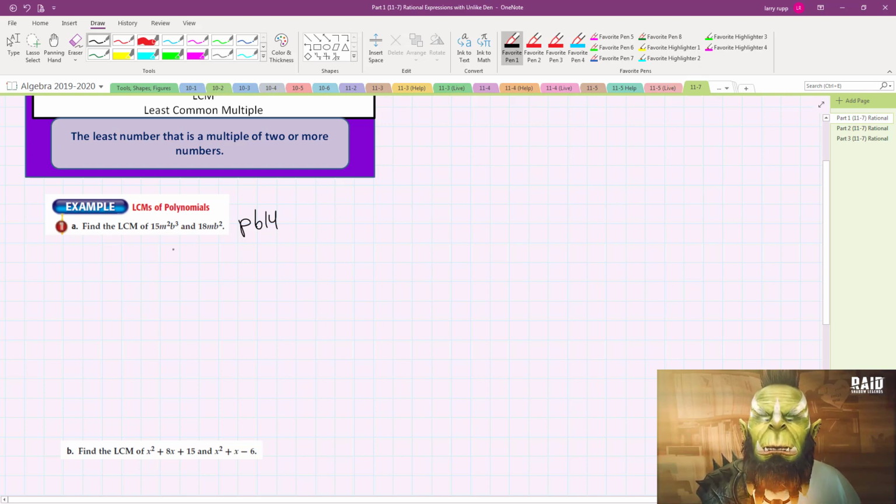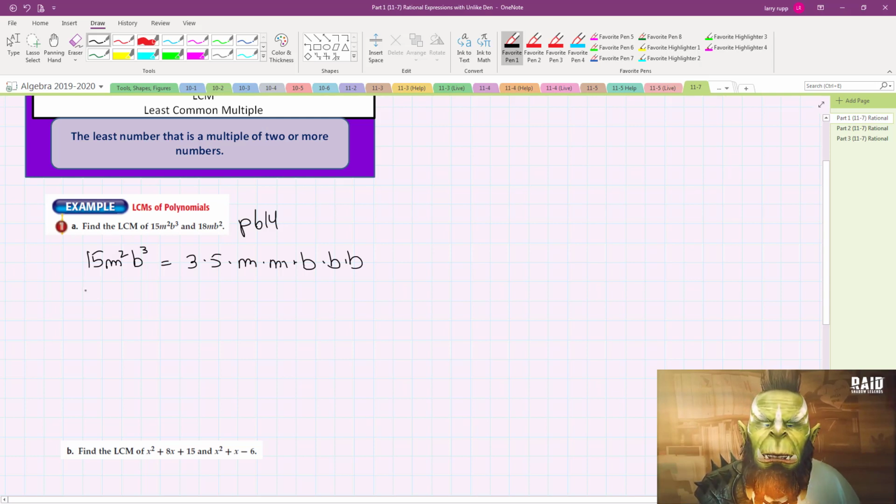The first thing you have to do is break these down into prime factors. So 15m squared b cubed is 3 times 5 times m times m for the m squared, and then times b times b times b for the b cubed.